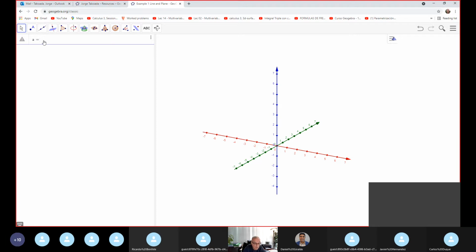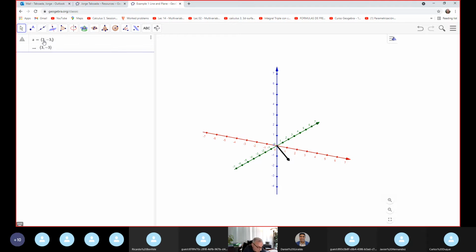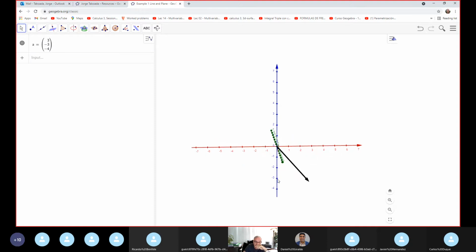Okay, done, thank you. Entonces, parenthesis, es 3, comma, negative 3, comma, negative 4. This is my first vector. Boom. You can see the representation here, the black vector.